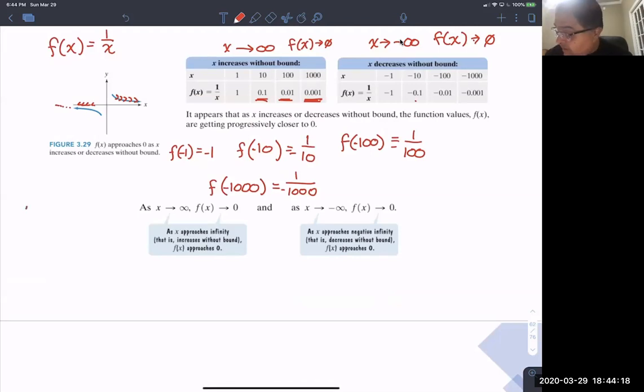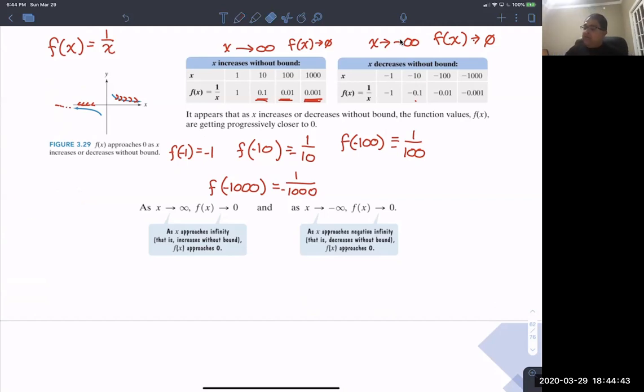So again, is there anything that I can plug in for x to give me 0? No, there is no number. So my output will never get to 0, but it can get really, really close.